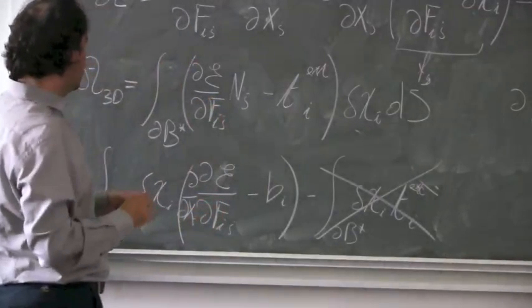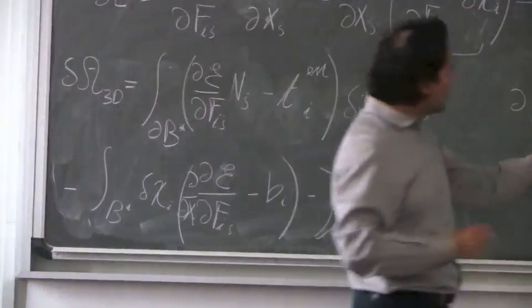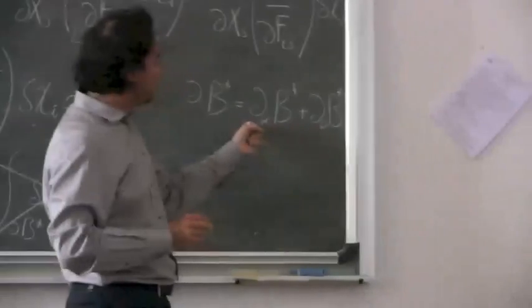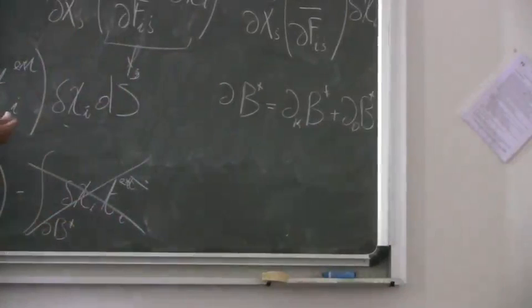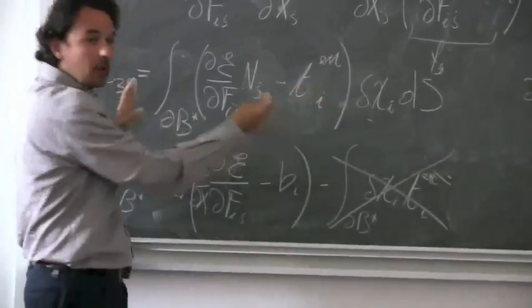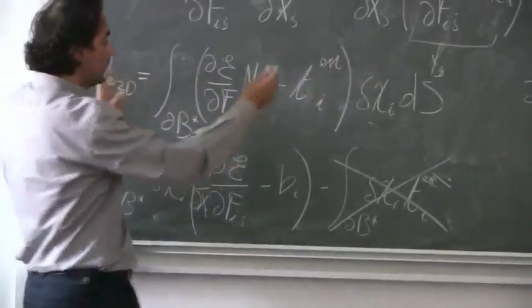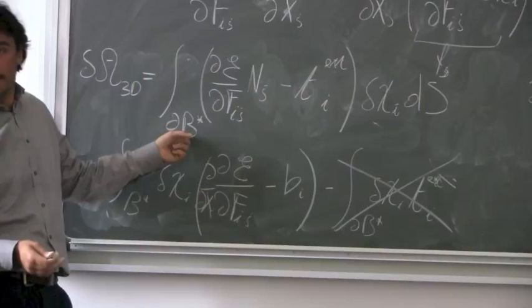So if delta chi is 0 in the kinematical part, this surface integral is the sum of two integrals, those in the kinematical part and those in the dynamical one.